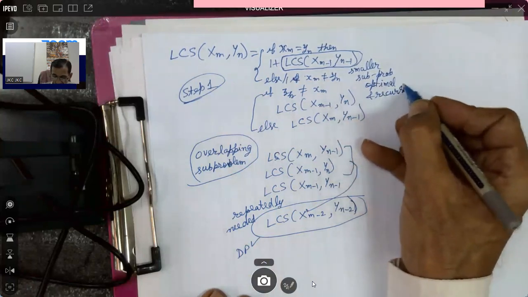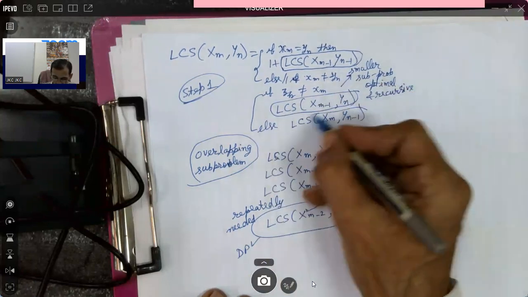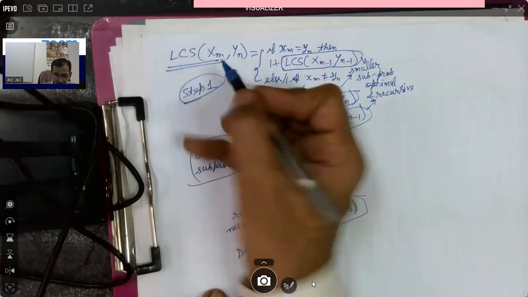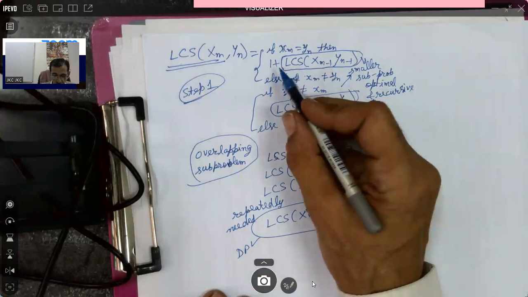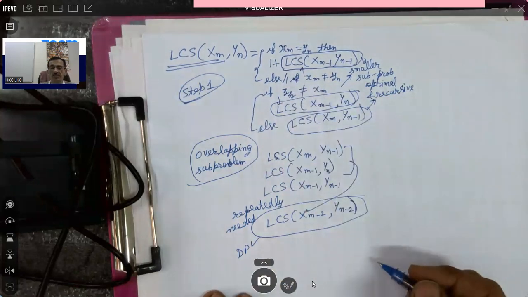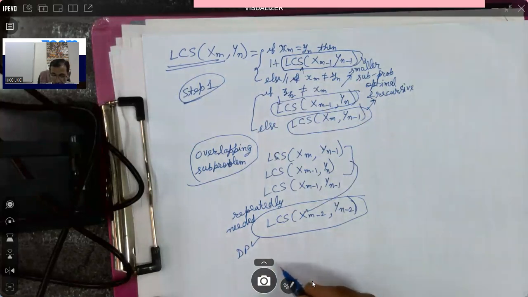All three problems which I am solving are smaller sub-problems and can be solved recursively. I am using LCS, which internally uses recursive versions of these. Knowing this, I can go towards step 2.